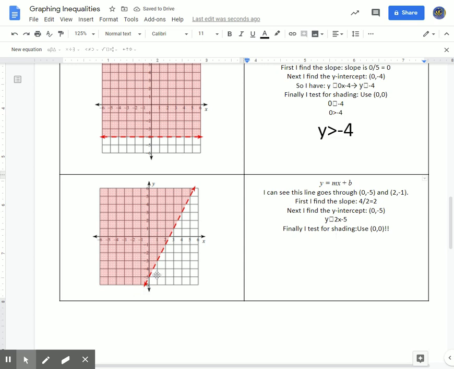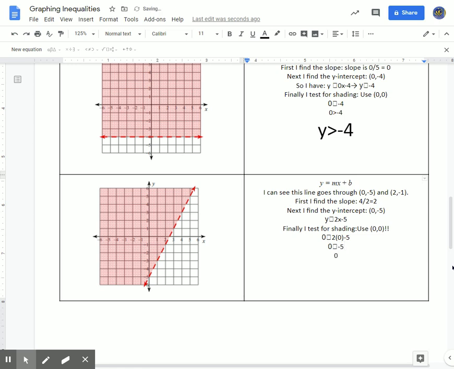I also see this is a dash line, so it's going to be strictly less than or strictly greater than. So I'm going to write y. My y is 0. I'm replacing it, and I'm going to put 2 times 0 minus 5. And let us simplify that. So we're going to have, well, 2 times 0 is 0, so all we have is a -5. How do they compare?